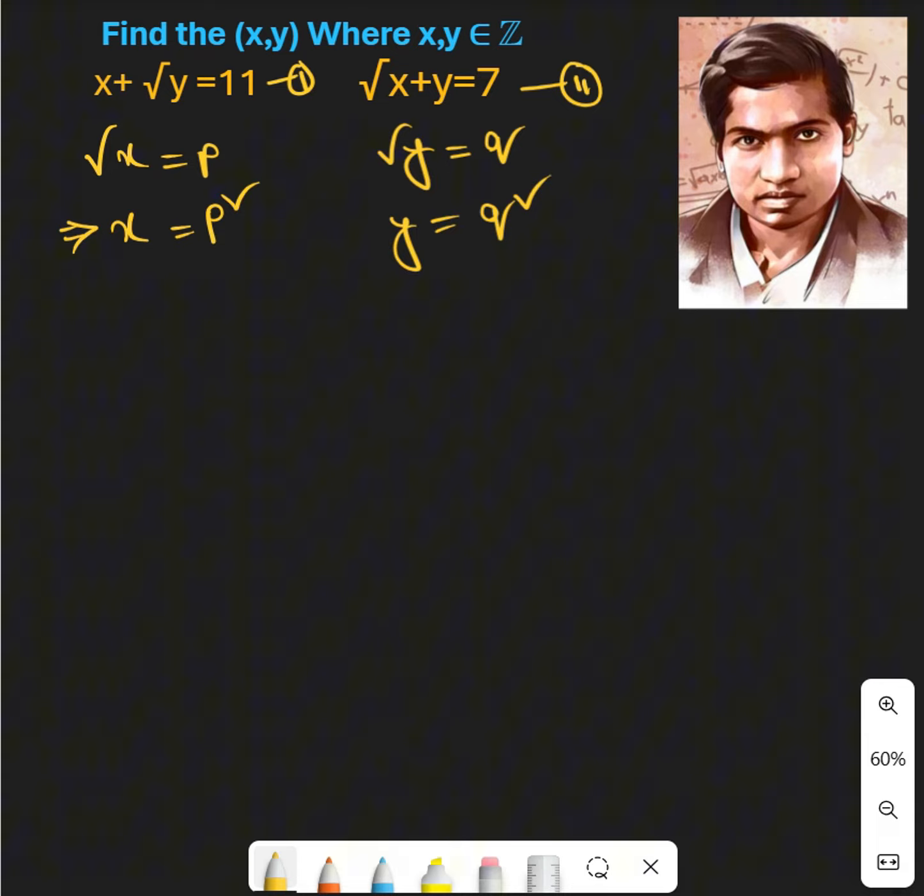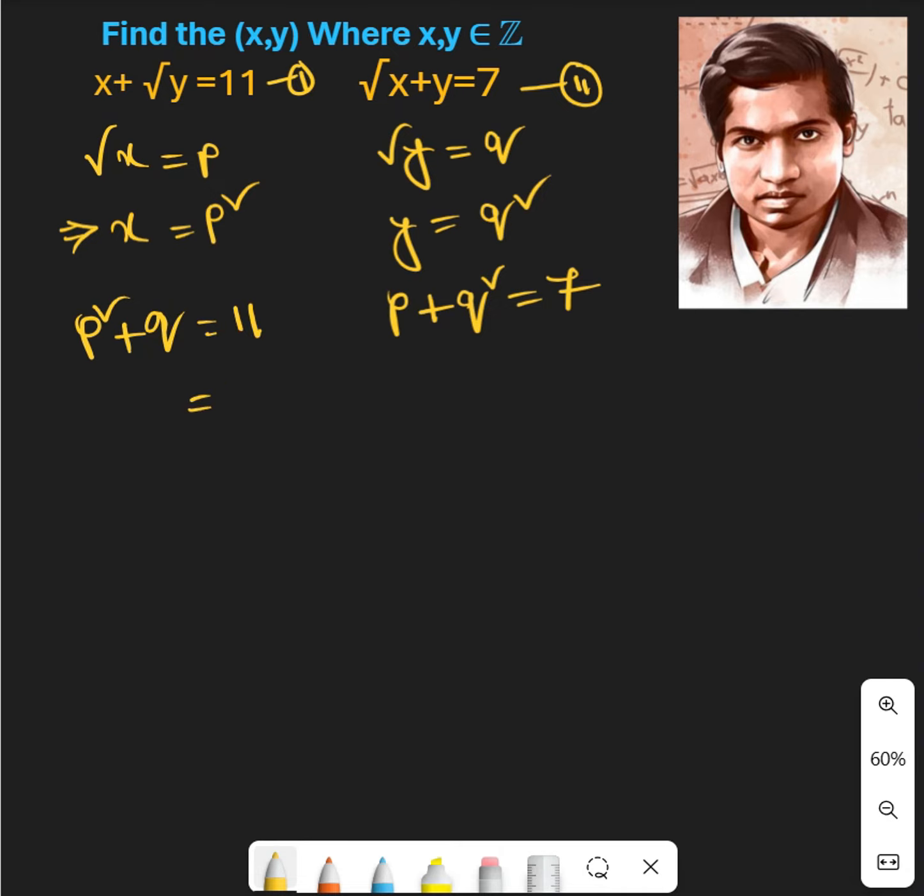Now if we plug in the values of square root of x and y in equation number 2, we'll find (p plus q) square is equal to 7. Same as from equation number 1, we'll find p square plus q is equal to 11.